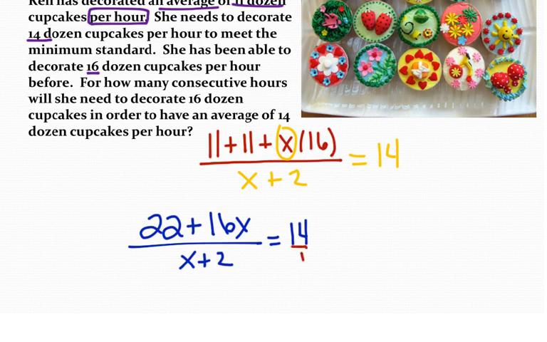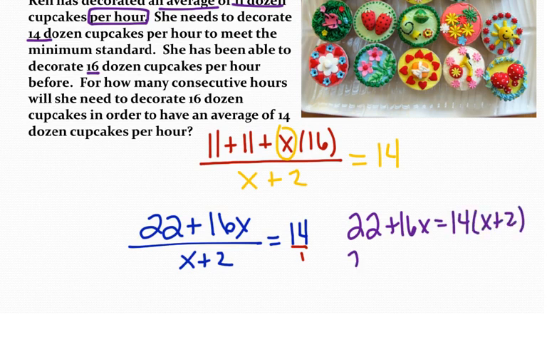So we can do that. 1 times 22 plus 16x equals 14 times x plus 2. So 22 plus 16x is equal to 14x plus 28.